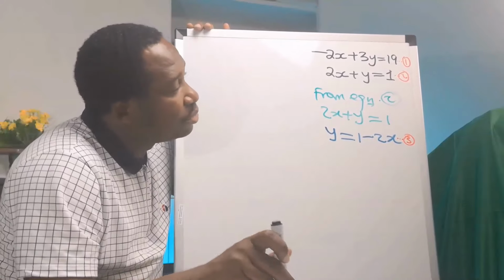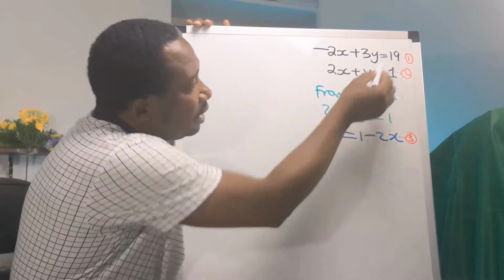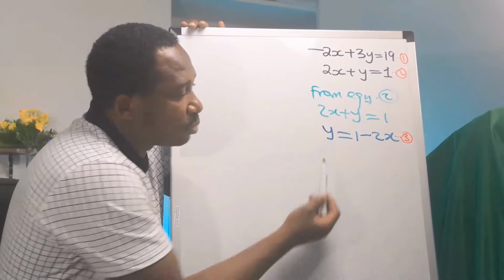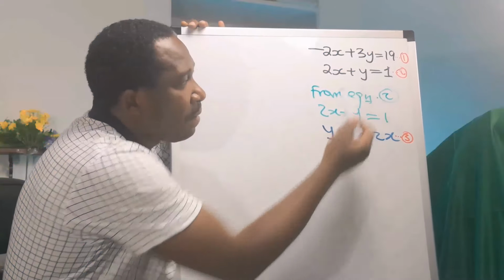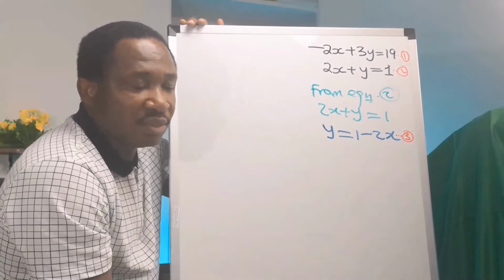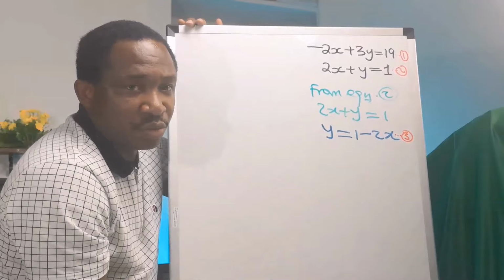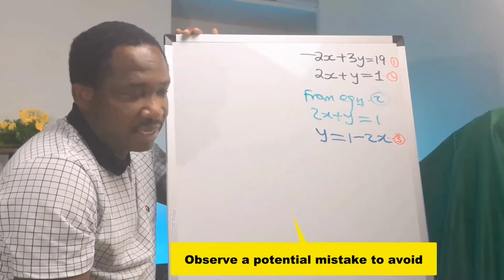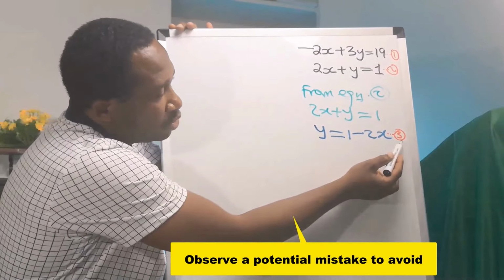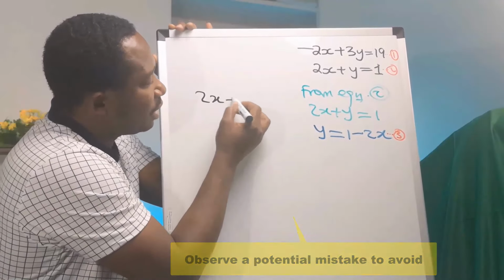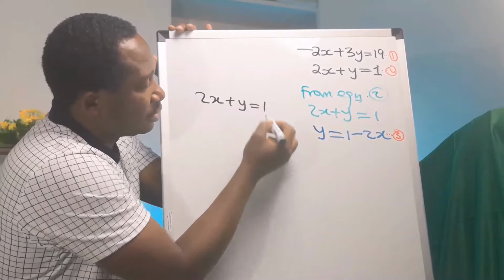We're going to substitute equation 3 into 1. Don't make a mistake of substituting equation 3 back into where we got it from. We extracted equation 3 from equation 2. Let me make this mistake. I will substitute equation 3 back into 2. Equation 2 has 2x plus y is 1.